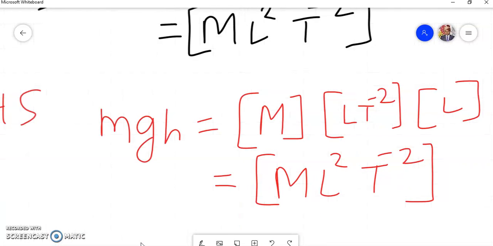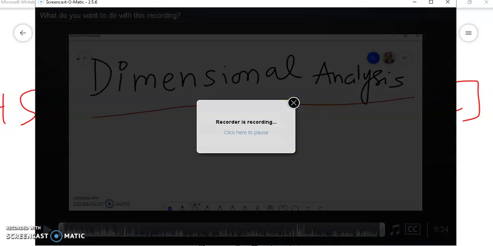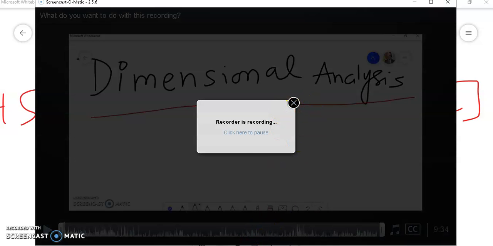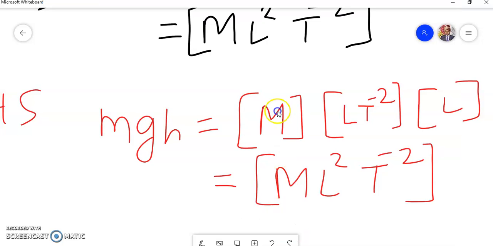So this equation is consistent. We call the term consistent. This analysis is consistent with each other. ML2 T minus 2.